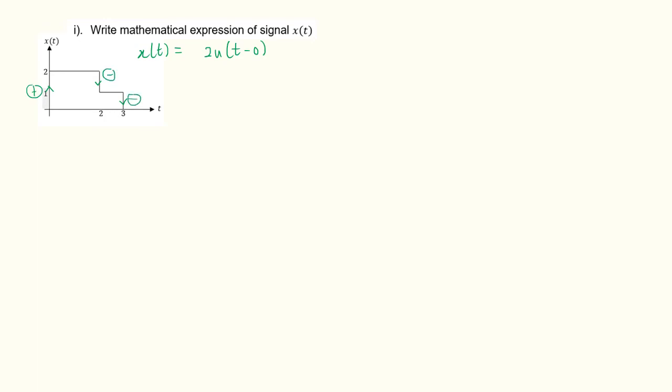At t equal to 2, the magnitude is 1, so minus ut minus 2. It is negative because it's pointing downward. Then at t equal to 3, pointing downward again, so it's negative again, and the magnitude is 1, ut minus 3.